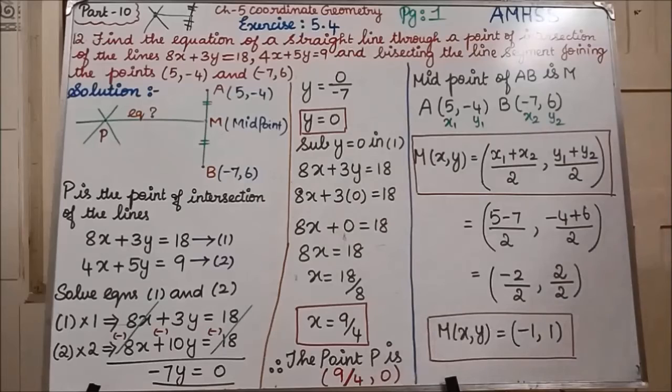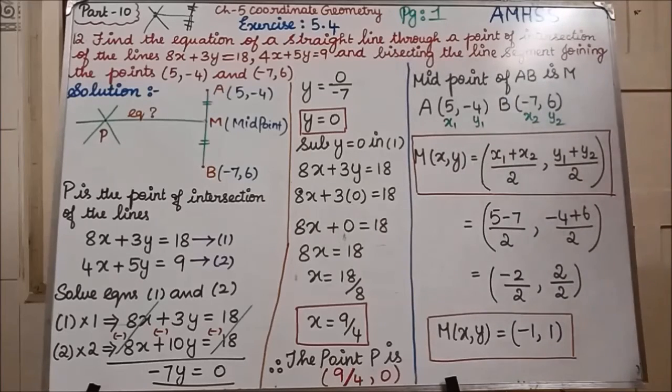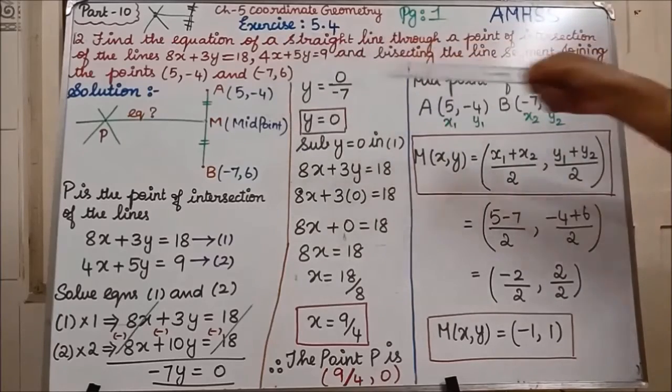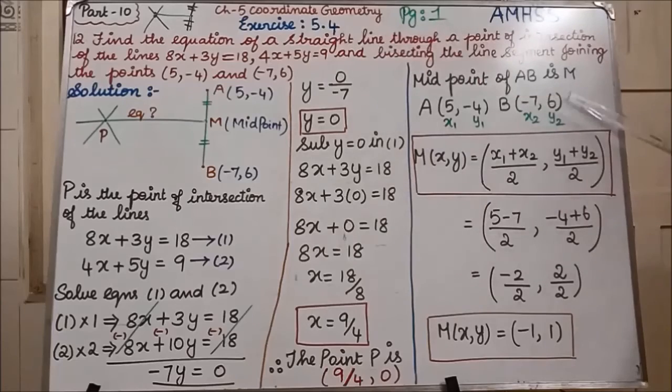In the next part of the question, what they were saying is bisecting the line segment. Bisecting means the line which divides into two equal parts, which means we have to find the midpoint. See, the midpoint of AB, that point is M. The A point they have given in the question and the B point also they have given in the question. We know x1, y1, x2, y2.